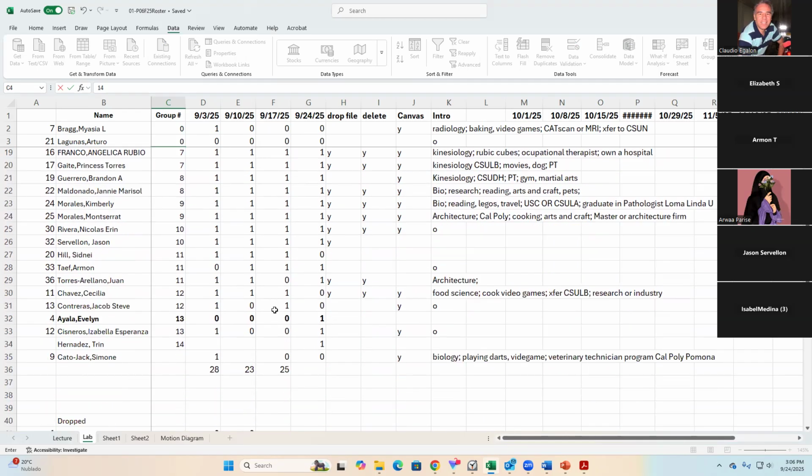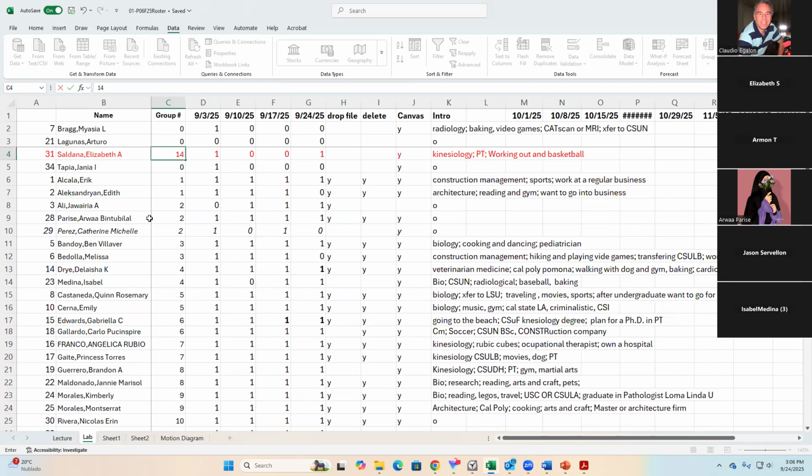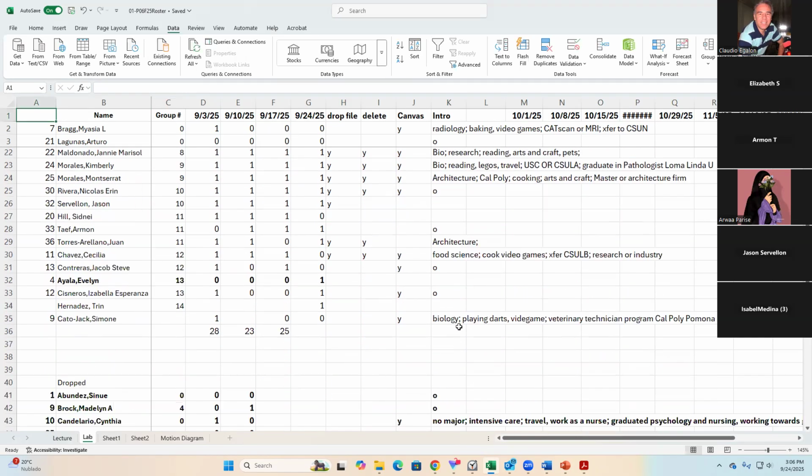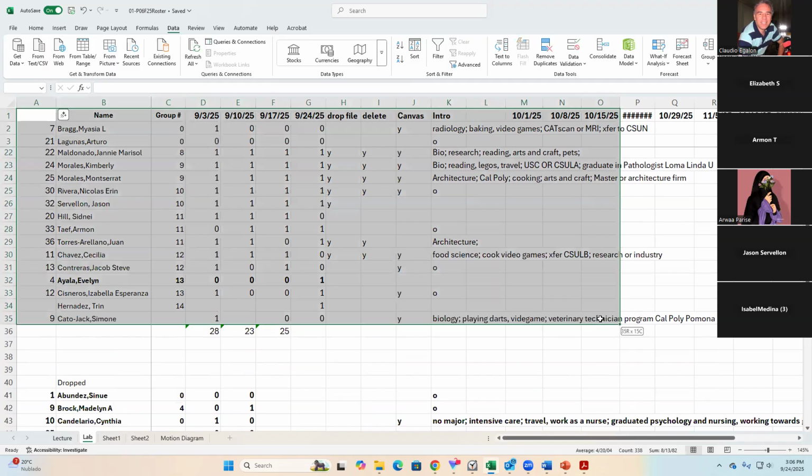Trin, the student doesn't have access to Canvas. So, okay, let's do the following. So Trin and Elizabeth in group 14, and I'm going to give you the information for group 13 and search.